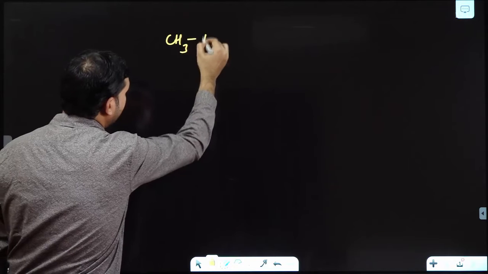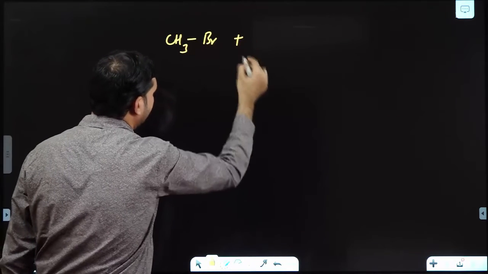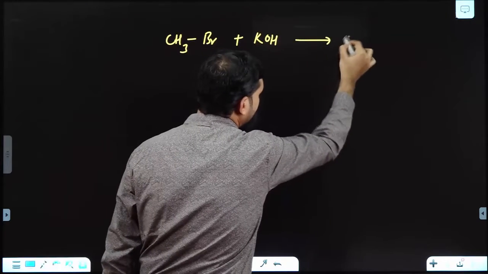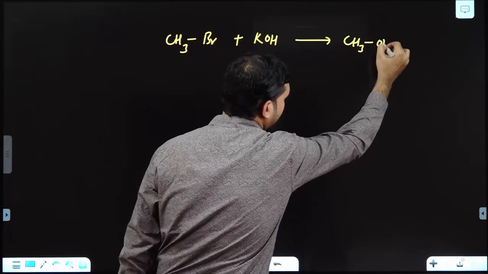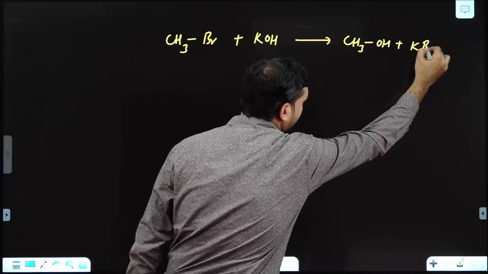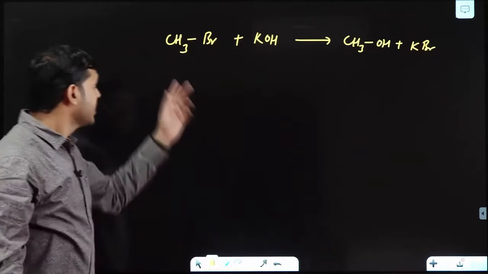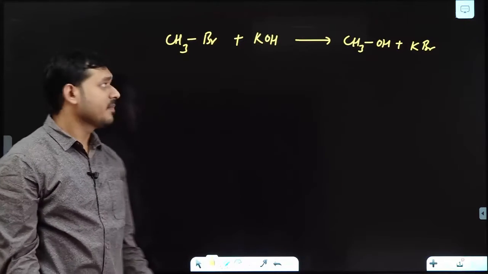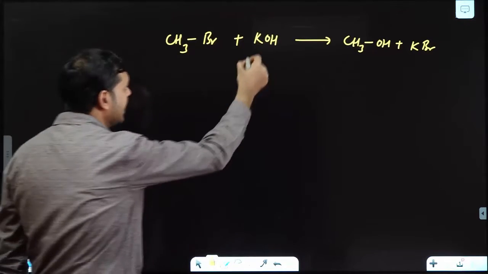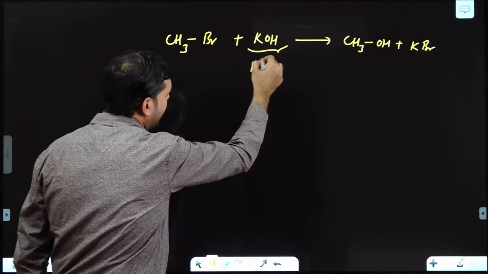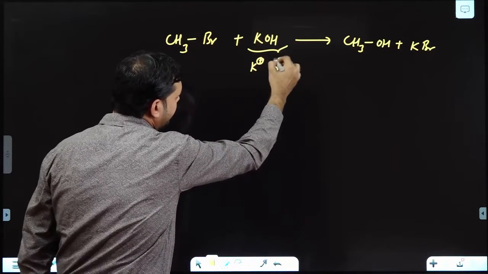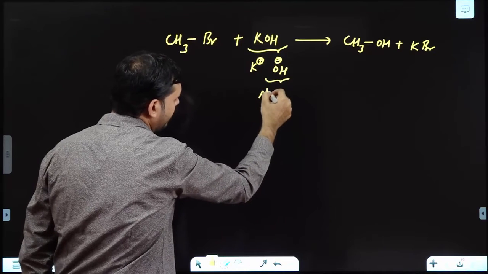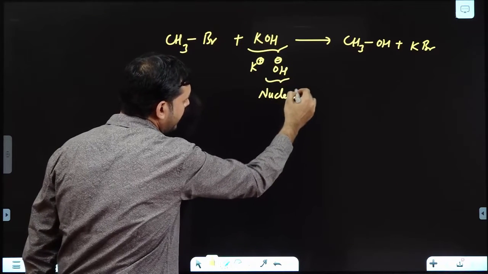Let me take a simple example of CH3Br plus KOH. CH3Br plus KOH forms CH3OH plus KBr. So dear students, here you can understand KOH is a very strong base, so you can take it as K+ and OH-. So this is our nucleophile.